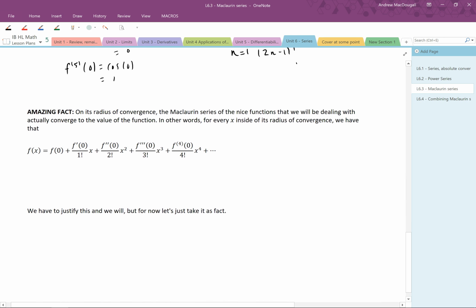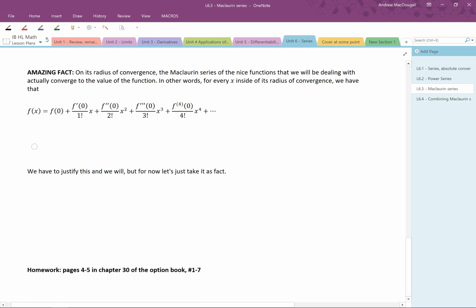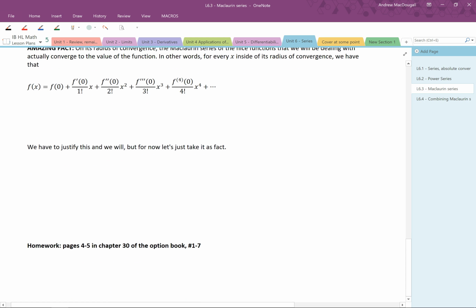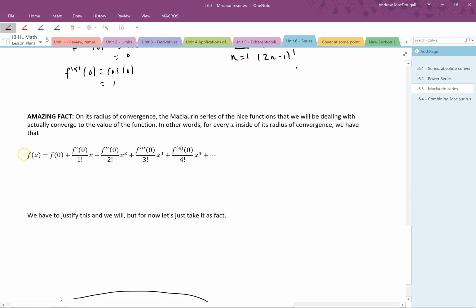But they are in your formula booklet. So why don't you try pages 4 to 5 in chapter 30 of the option book and do numbers 1 to 7. There's some interesting questions in there, and it's really just using this formula right here: if you have some function f, its Maclaurin series is given by this formula.